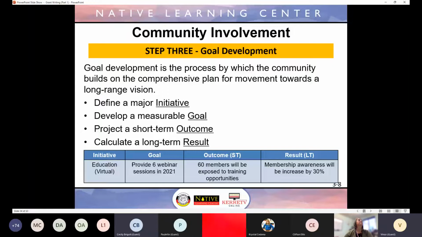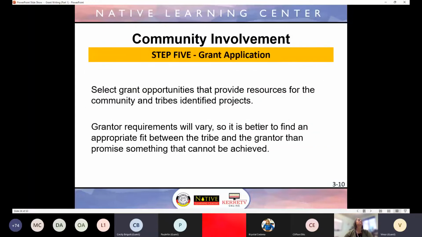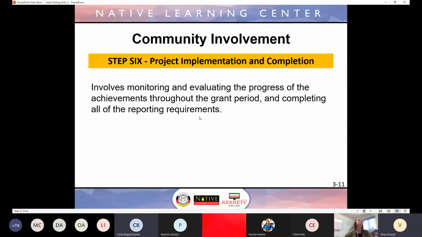This is a huge tool in grant writing, the logic model process for goal development, because it helps you do everything else. It helps you plan the project, it helps you with your application, which we've talked about, and it helps you obviously with the implementation. It also obviously helps you with your funder.